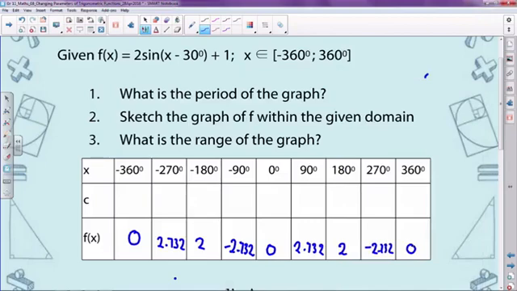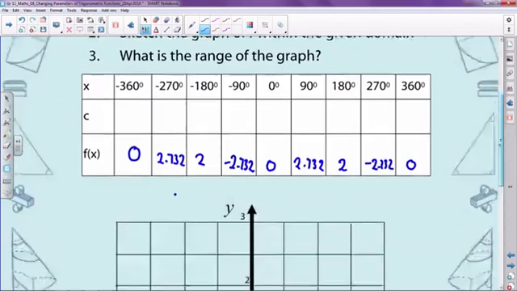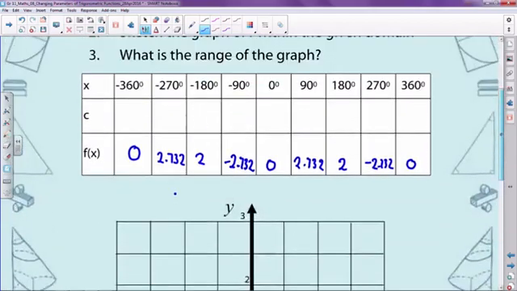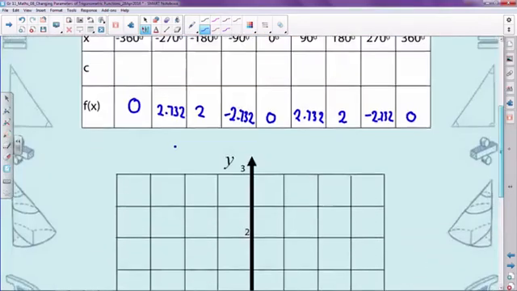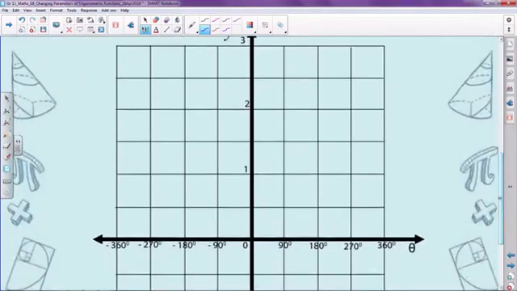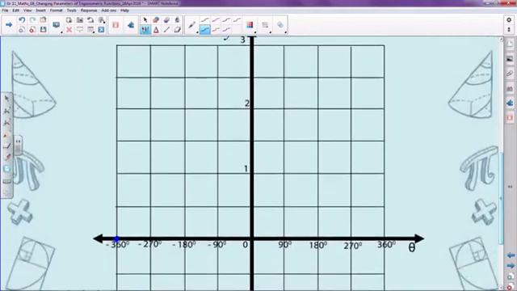Okay, guys, now once you have this information, you are now able to take this and draw your graph. 0, 2.732, okay? And then this one goes to 2. Let's change this again to 2. And then we ignore that one.